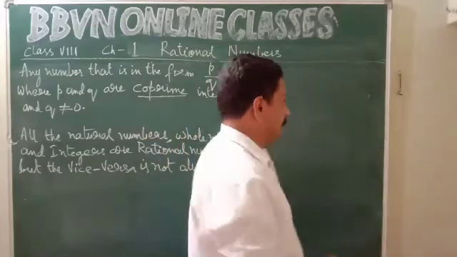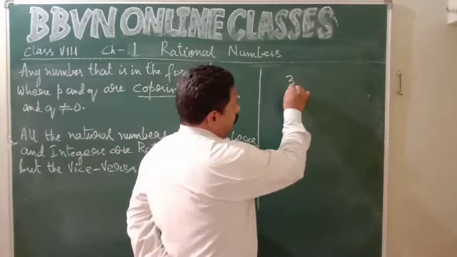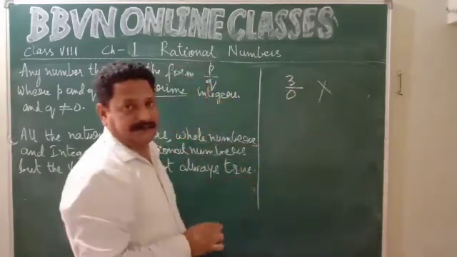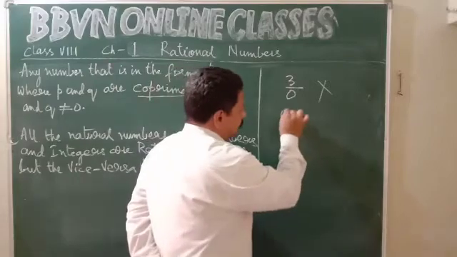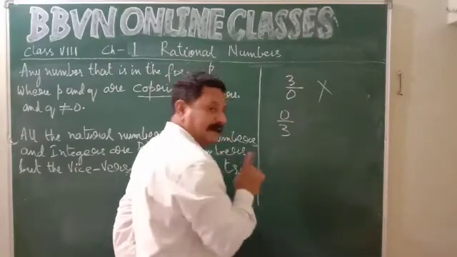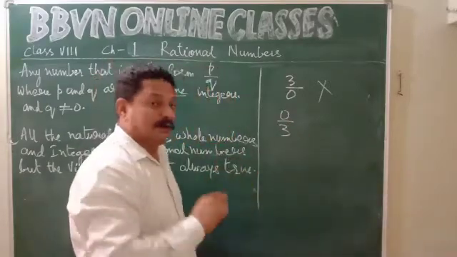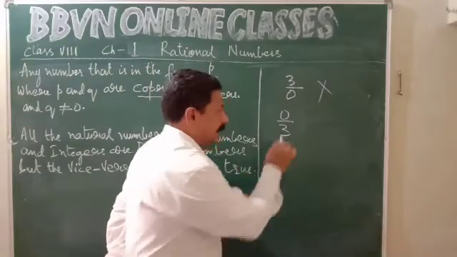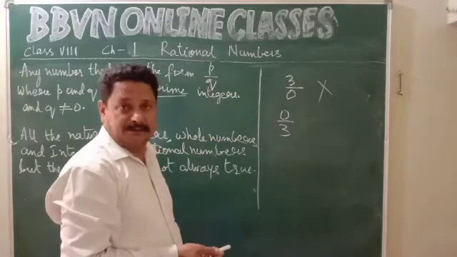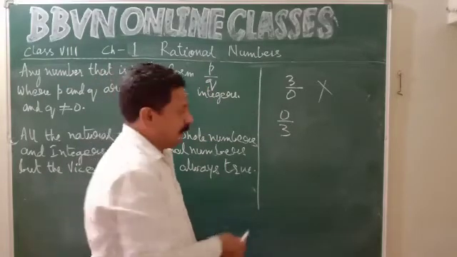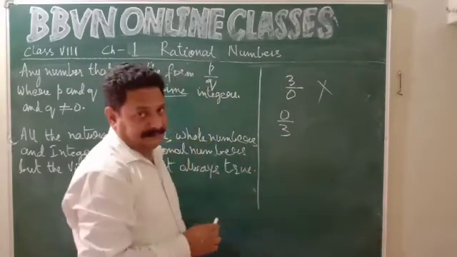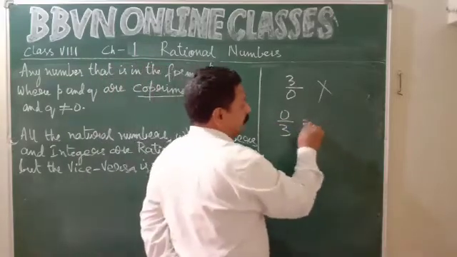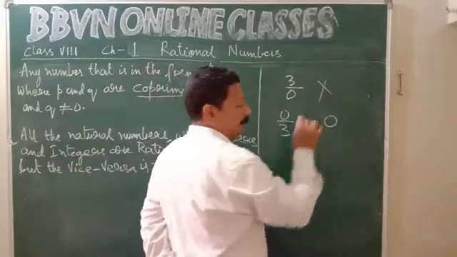One more thing, pay attention. 3 upon 0 is not a rational number, but 0 upon 3 is a rational number. Why? Do you know any number which when multiplied by 3 can give the result 0? Yes, of course, it is 0. So if I multiply this 3 by 0, I can get the numerator. So 0 upon 3 basically means 0.